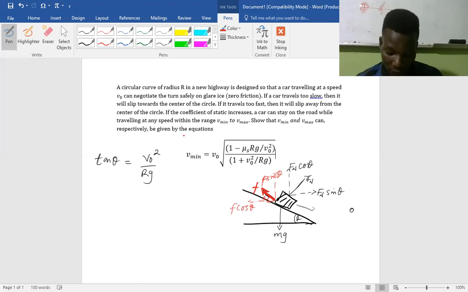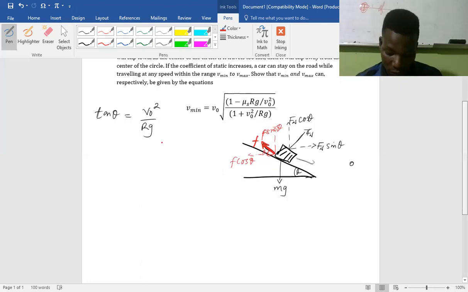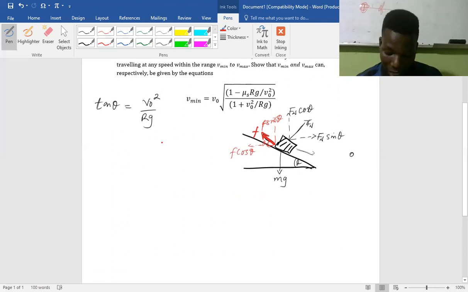Okay, so Newton's second law of motion in the horizontal gives us that. We have two forces in the horizontal. Taking the direction positive y up, and to the right positive x, like that.